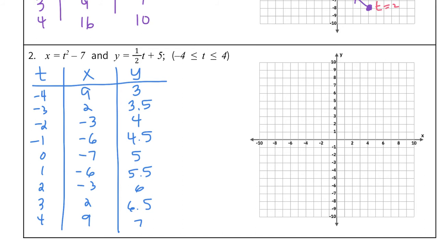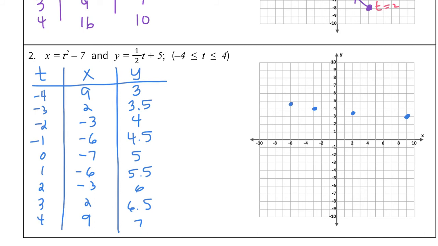You have to go in order, so you have to start right here. 9, 3 would be here. 2, 3.5. So I'm just going to go a little bit past the 3. Negative 3, 4. Negative 6, 4.5.